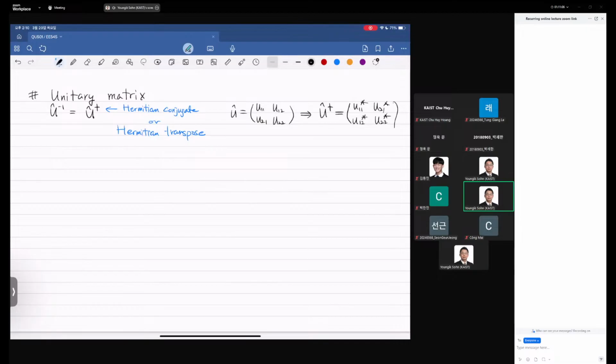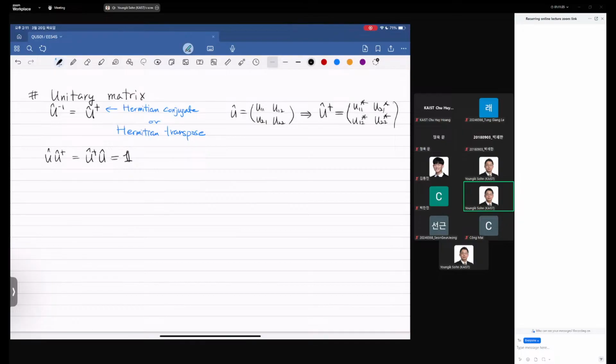That's the Hermitian transpose. And somehow that is the same as the inverse matrix. That's a special condition. Because it's the inverse matrix, the Hermitian transpose multiplied by the matrix itself will become the identity matrix, right? That's a unitary matrix.